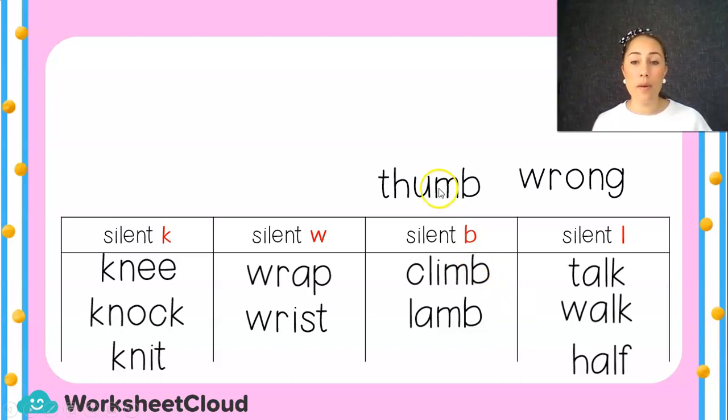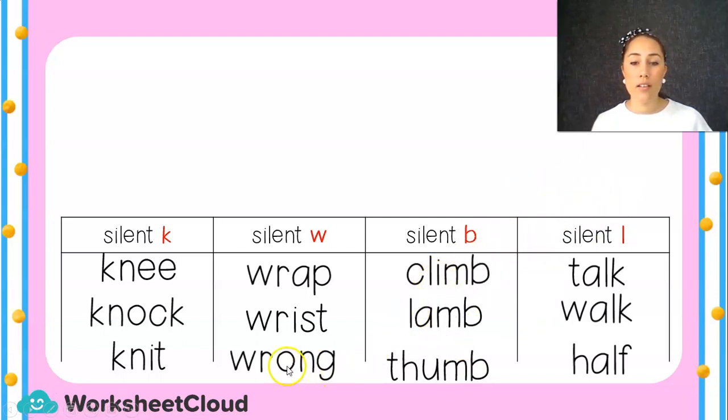And thumb has a silent B. Yes, well done. And wrong, a silent W. Okay, let's read them again. Knee, knock, knit, wrap, wrist, wrong, climb, lamb, thumb, talk, walk, half.